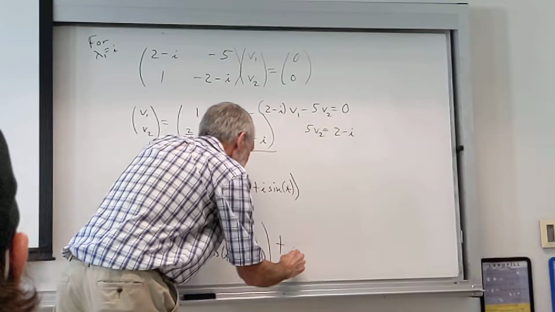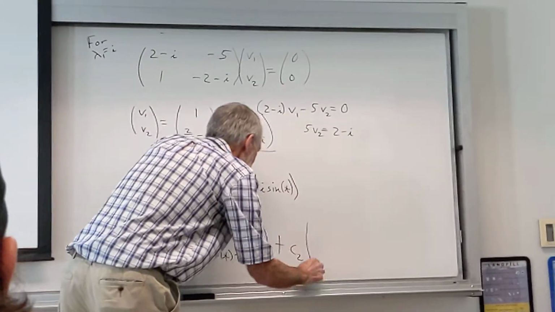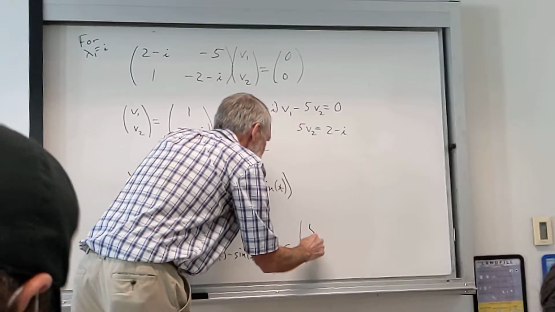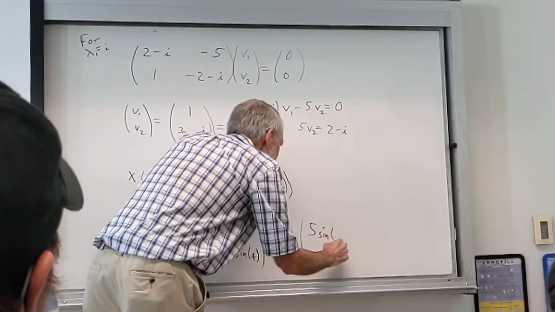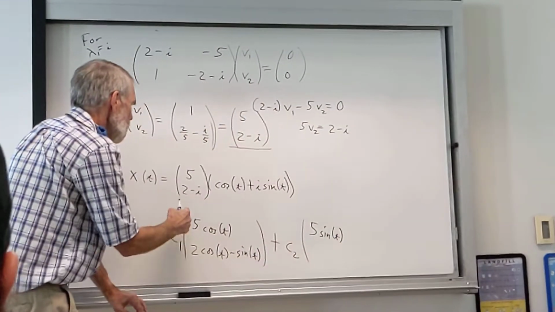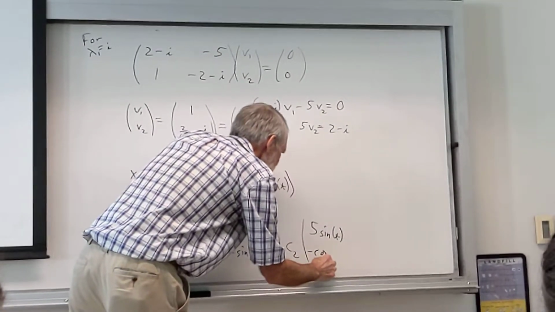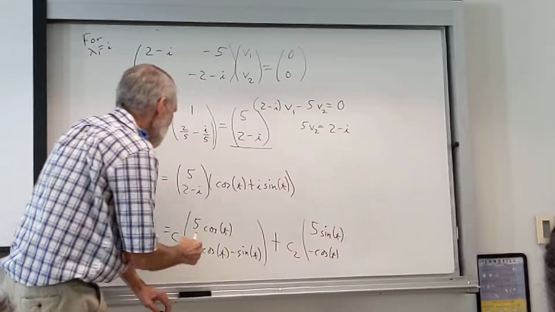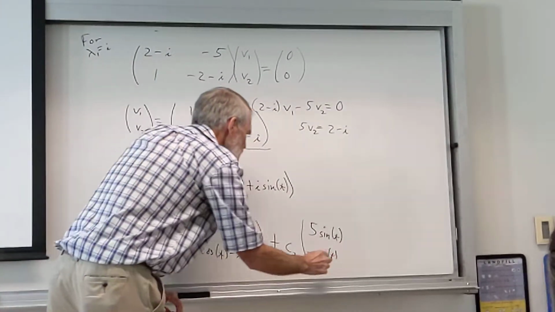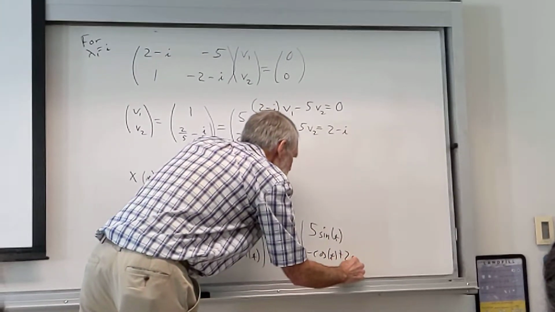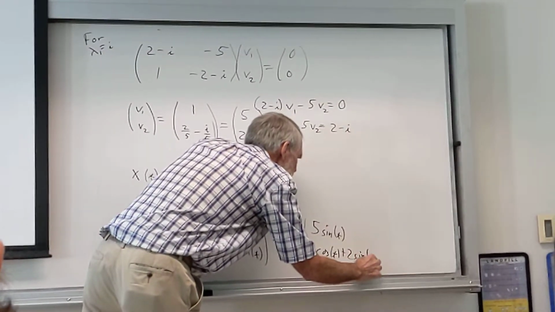And then we'll get C2. The imaginary part is just going to be this 5 sine of t. Okay, the imaginary part will give us a minus cosine of t. And we're going to get 2 plus 2 sine of t.